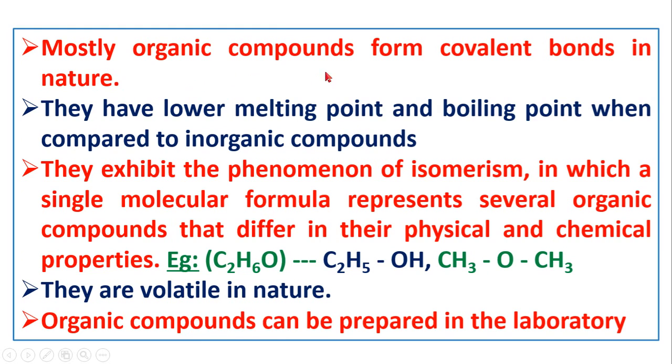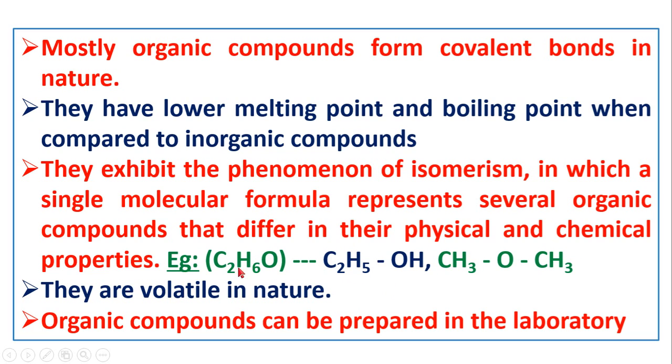Mostly, organic compounds form covalent bonds in nature, and they have lower melting and boiling points when compared to inorganic compounds. They exhibit the phenomenon of isomerism. What does isomerism mean? The compounds containing the same molecular formula but different structural formulas.